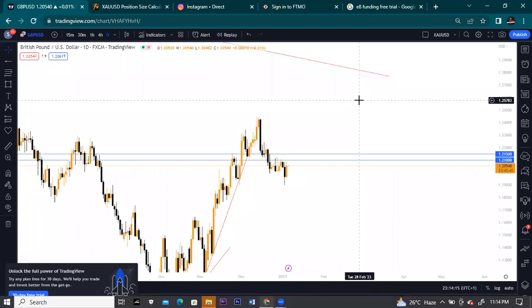Why? Because it will help you master your psychology. Even when you didn't calculate your risk, you will still know the particular lot size to use for a 30-pip stop loss, because it's the account you have been using to demo trade for a long time. So you know the lot size to use even without calculating it.